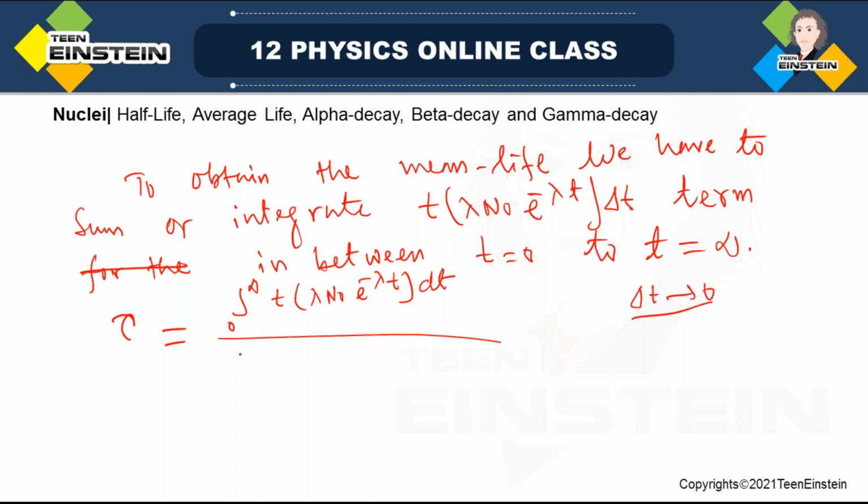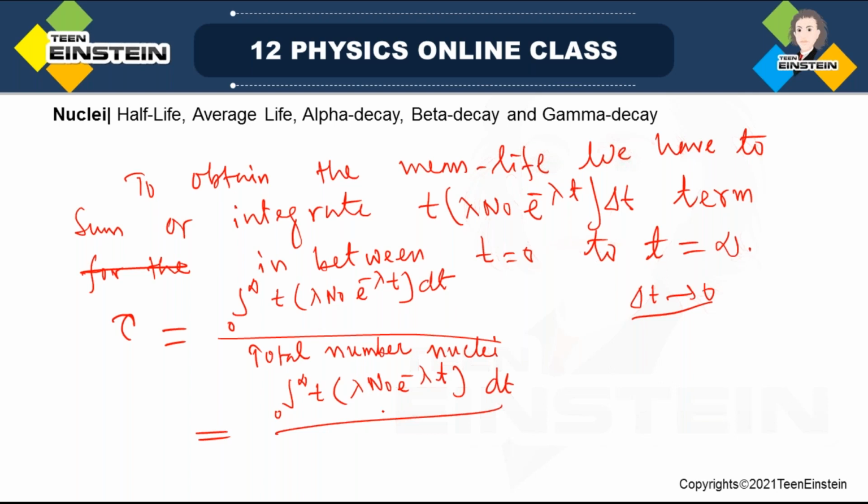If you want to get the average, you have to write the total number of nuclei also here, the total number of nuclei that was present in the beginning. So this is the integration of t into lambda n0 e to the power minus lambda t dt, over n0.